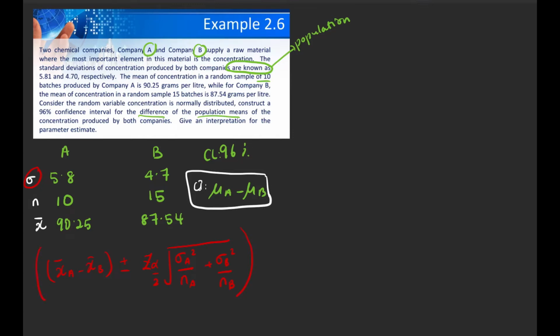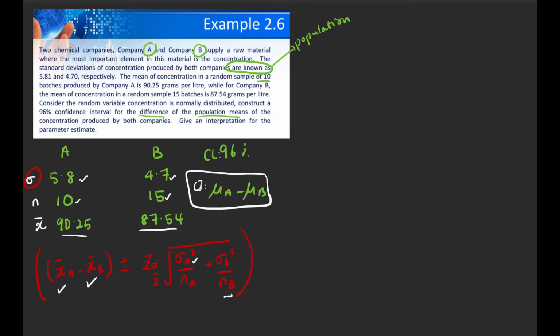Okay, this is the formula. So check one by one. Do we have X bar A? Yes, 90.25. Do we have X bar B? Yes, 87.54. Do we have sigma A square? Yes, here. Do you have sigma B square? Yes, 4.7 square. And NA is 10 and NB is 15.